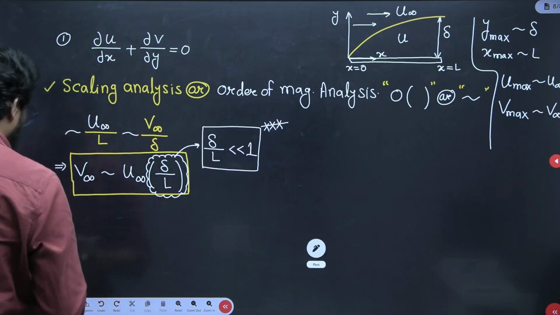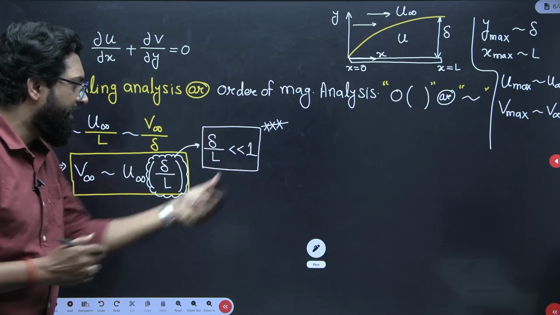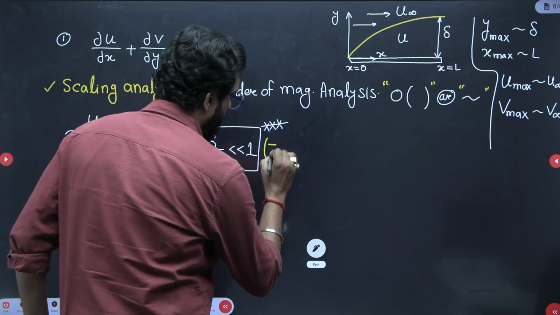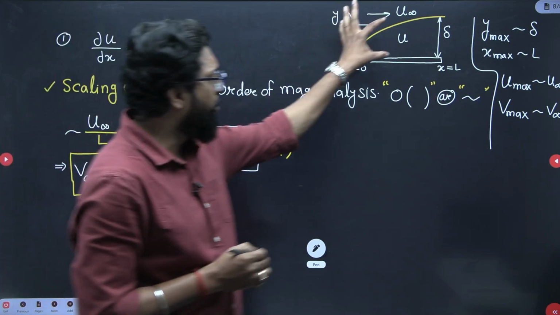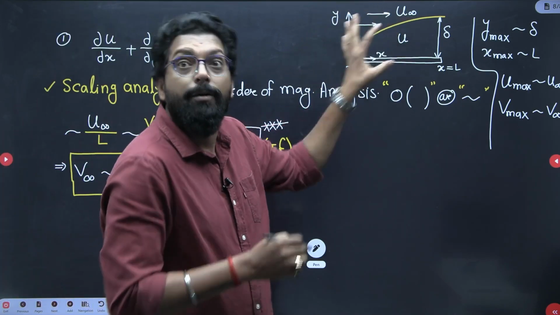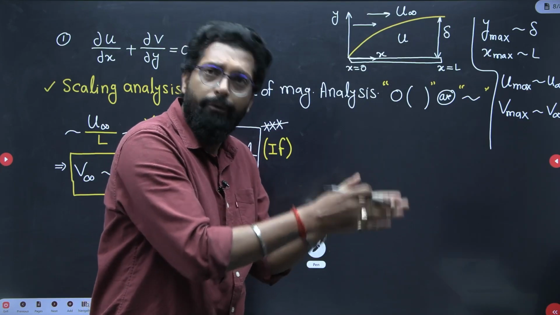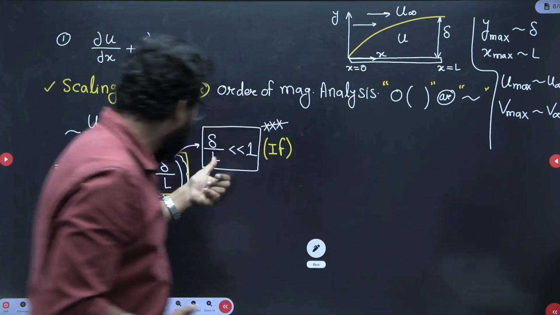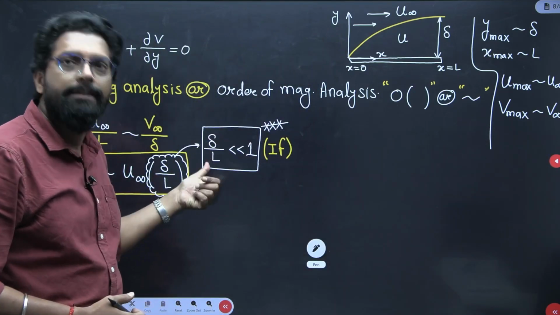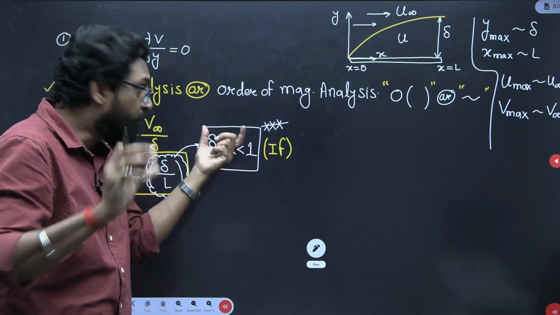That means, if delta by L, this is the validation, the boundary layer thickness must be very much less than the length of the plate. That means the plate length is much higher than the boundary layer thickness. This is the first thing you must think about.